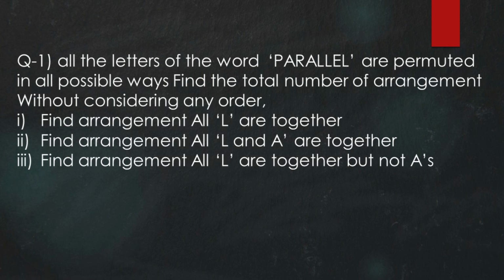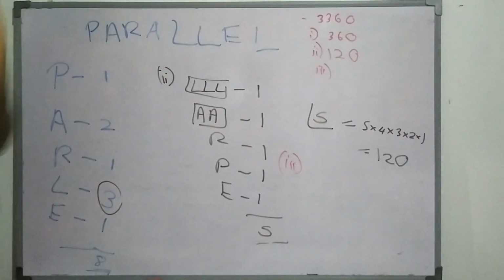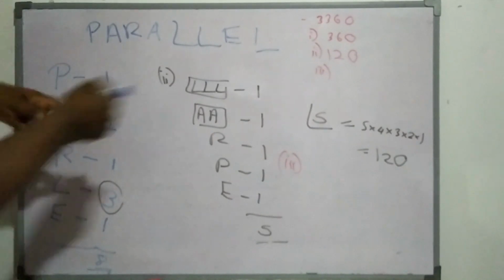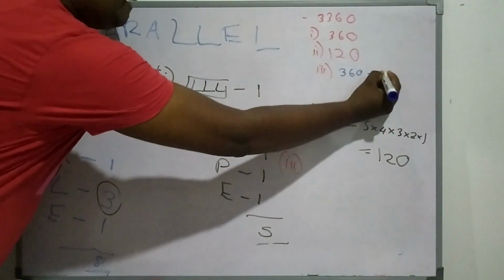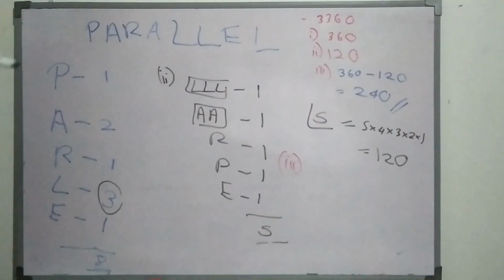Here the first row number is 360, the second one 120. You have to deduct, because all L's together is the first row number, and the second row number is all L's and A's together. When you subtract, you will have all L's together but not A's. 360 minus 120 is 240. This is the answer of that row number.